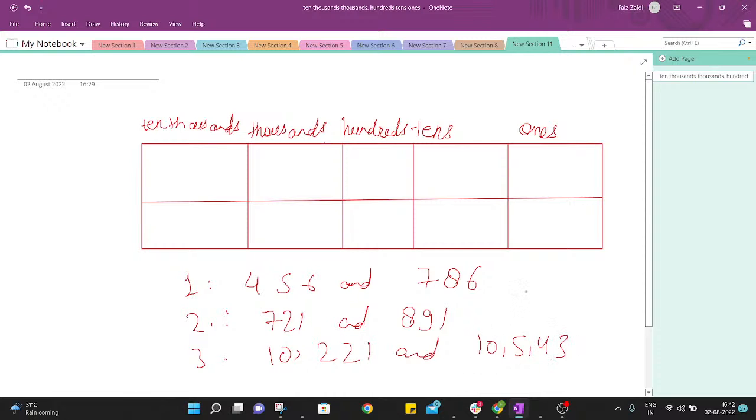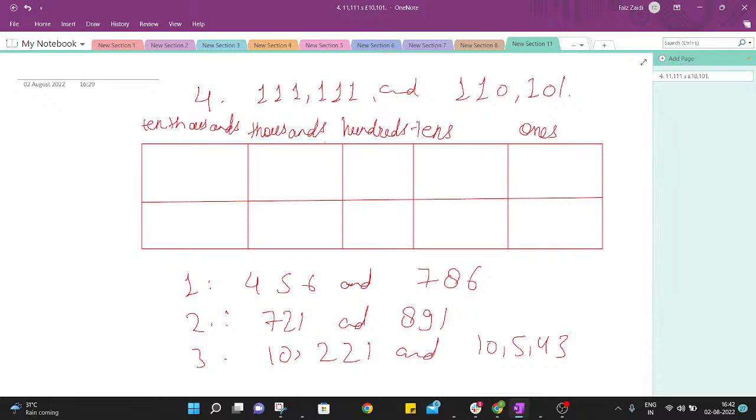And one more pair, I am writing it here because of lack of space: 111,111 and 110,101. So you have to write these numbers down and compare them by yourself. Take help of your friend if you want.